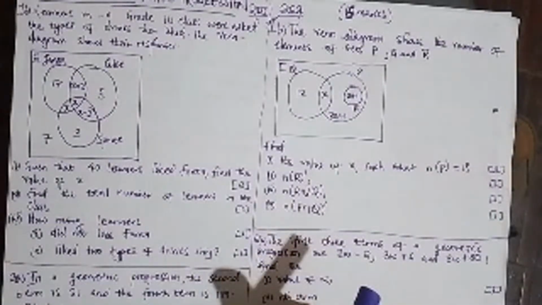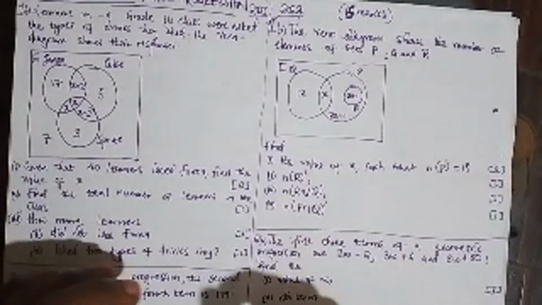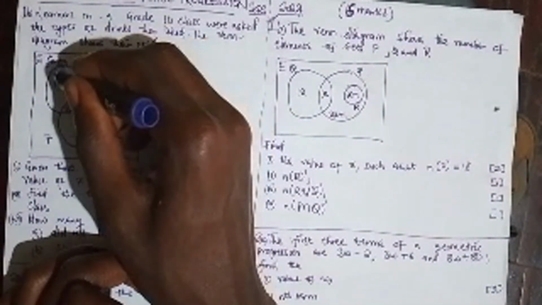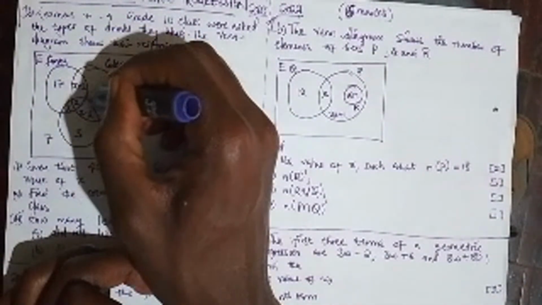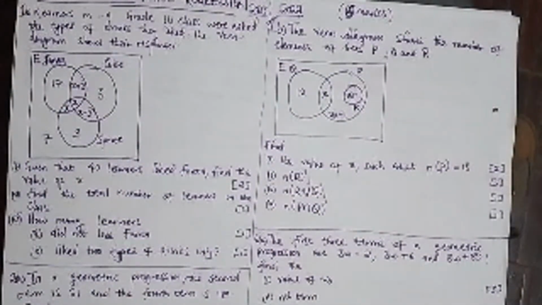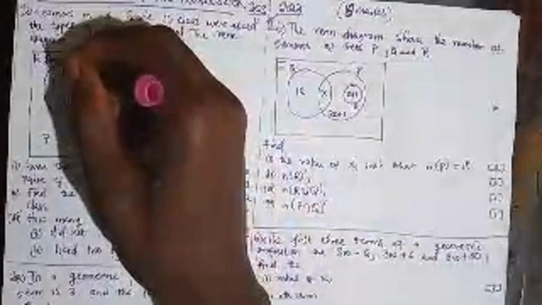So how can we find the value of X? We go back to our Venn diagram and circle the circle which has Fanta, which is this one.